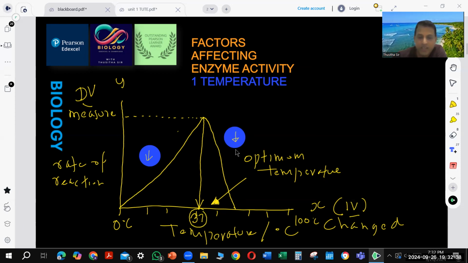So the temperature is high here, it could be 70, 60 around here, and it's decreasing. And this could be around 10 degrees. The rate of reaction is low. You should know this because it is a frequent exam question.